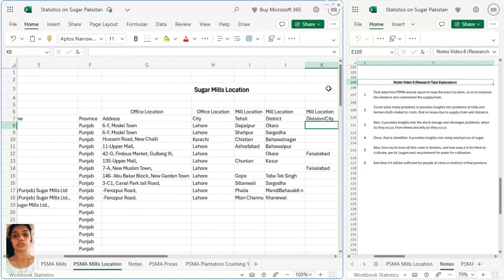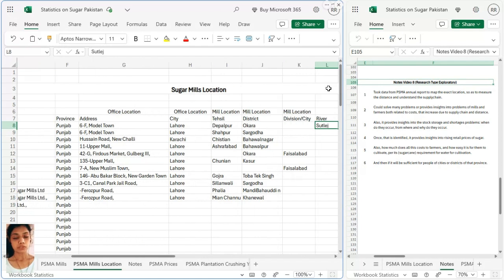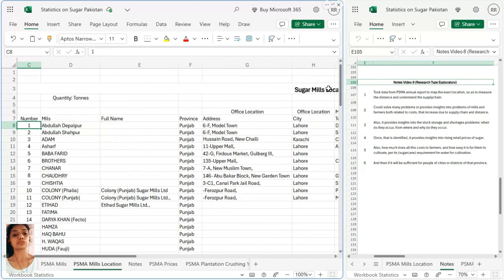What happens is, sugarcane requires a quantity of water to cultivate and to grow. I'm still trying to find out how true this is, whether sugarcane requires that much water or not, because I read in one of the reports of the Pakistan Sugar Mill Association that sugarcane consumes comparatively less water than rice.